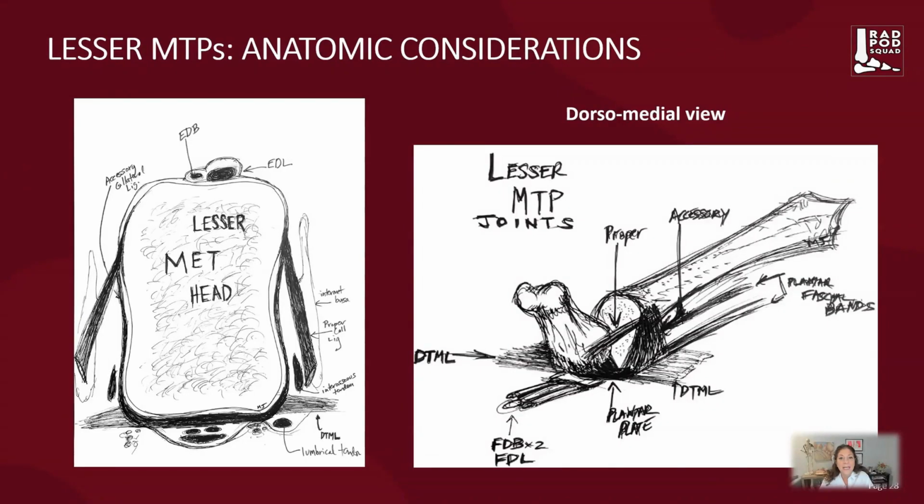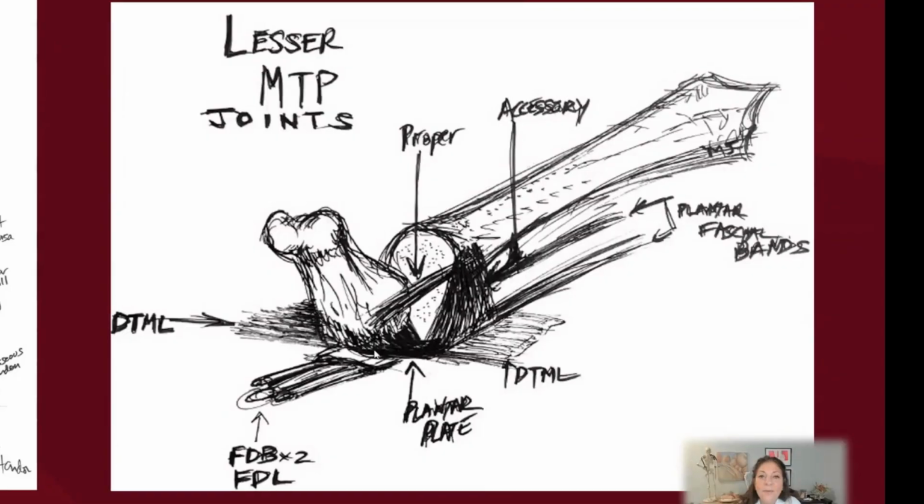In further reviewing anatomic considerations of the lesser metatarsal phalangeal joints, we can take a look at a metatarsal and the proximal phalangeal base, reviewing that that's supported at its plantar aspect by the plantar plate, identified here as the small triangular shaped basket structure. That's going to join your accessory collateral ligament to the deep transverse metatarsal ligament and form further reinforcement at the medial side.